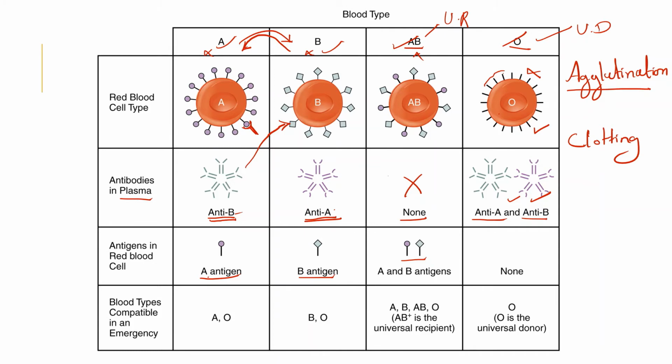This becomes rare. So we have a universal recipient and a universal donor, whereas the universal donor needs blood only from his own blood group.